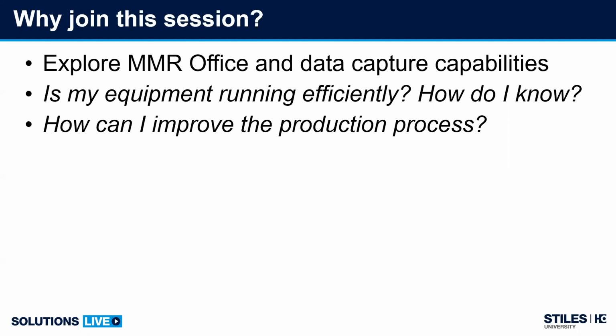Again, MMR is the tool. It's a piece of software, which we'll be talking more about here, using that to answer some of those questions. But more importantly, a big takeaway I want people to have from this is increased business intelligence: things to look for, things to think about as we run production, run our companies and our operations.